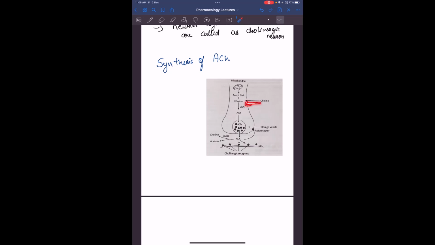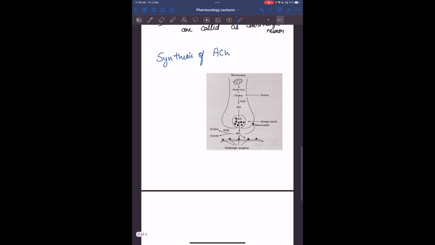Since mitochondria is the powerhouse of the cell and is involved in various metabolism like glycolysis, at the end product after pyruvate, it enters the Krebs cycle and it forms acetyl CoA.